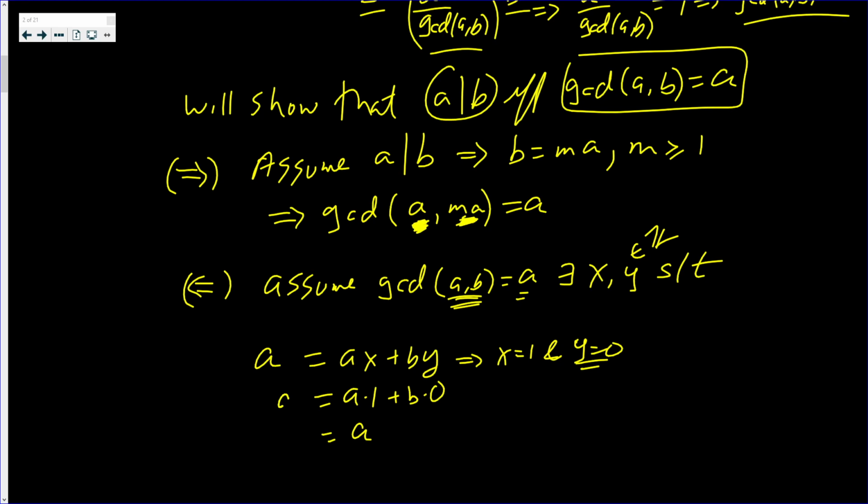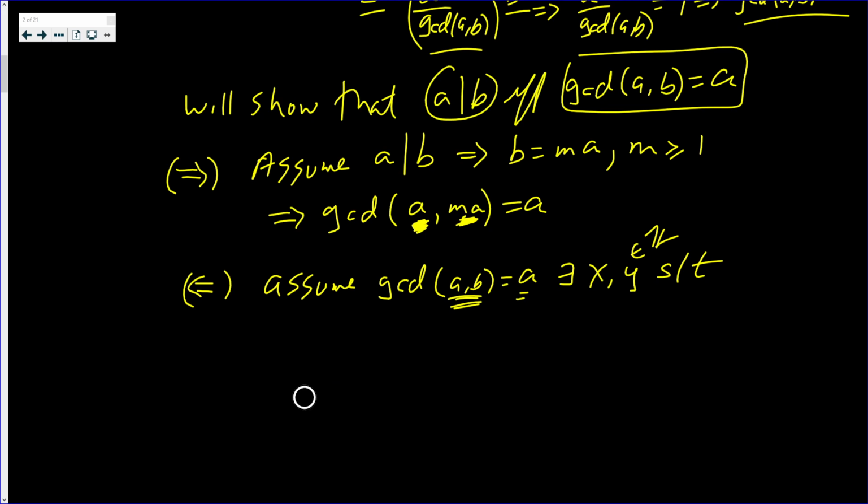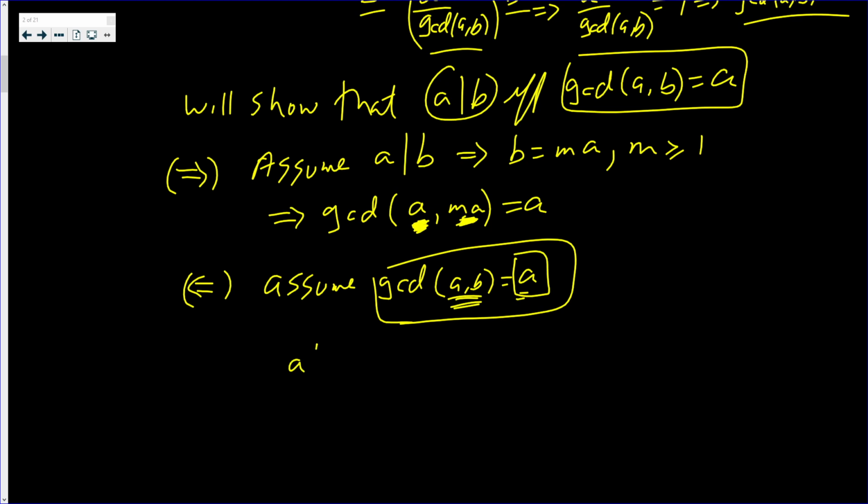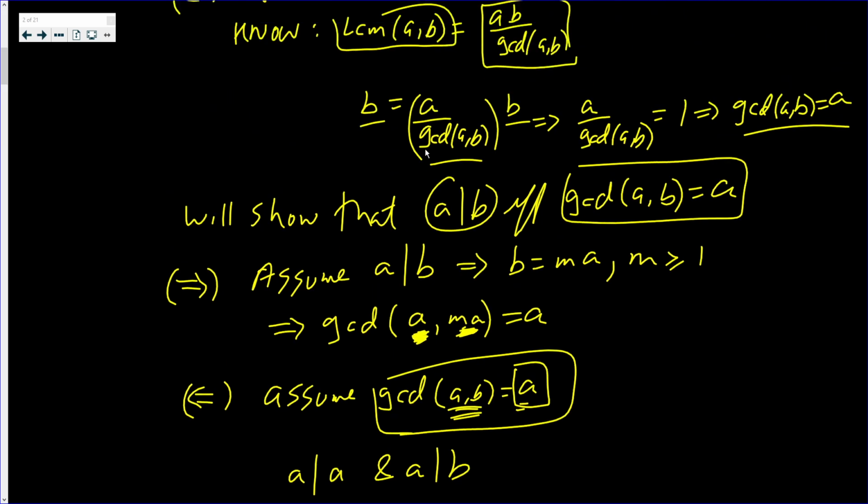So, I did find a linear combination, so I'm not so sure that's helping us. Okay. Well, so let me get rid of this as well. Thinking of this just as d, this statement tells us a divides a and a divides b. Okay?